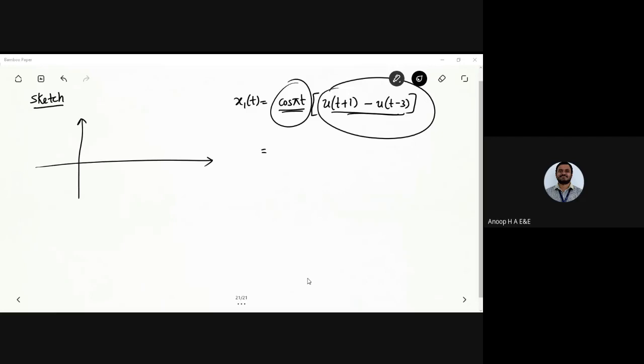Is Shashank TR there in the meeting? Shashank TR. Just a moment.